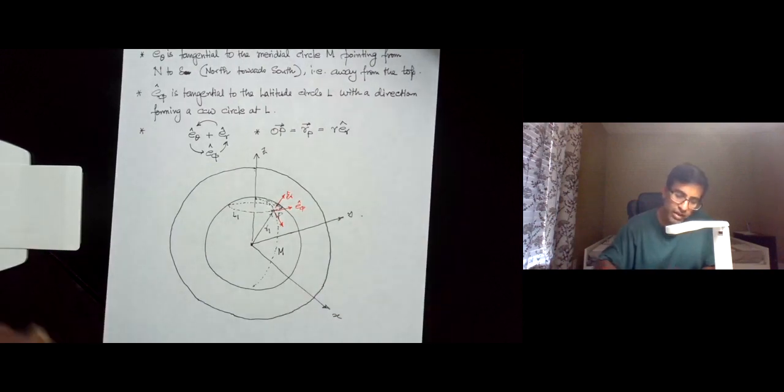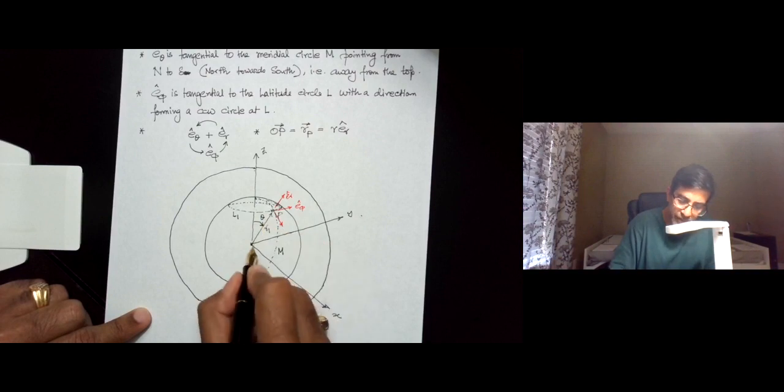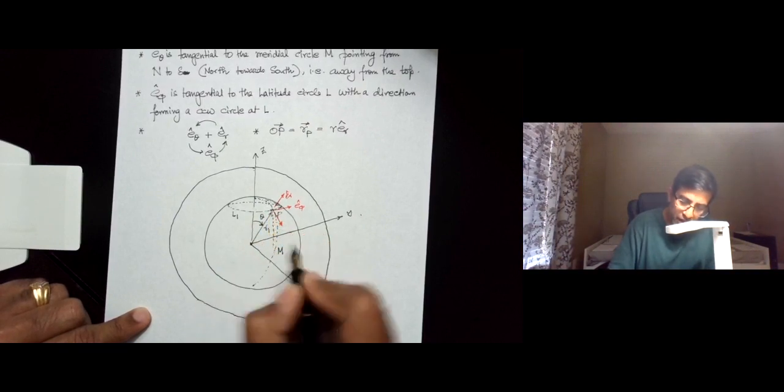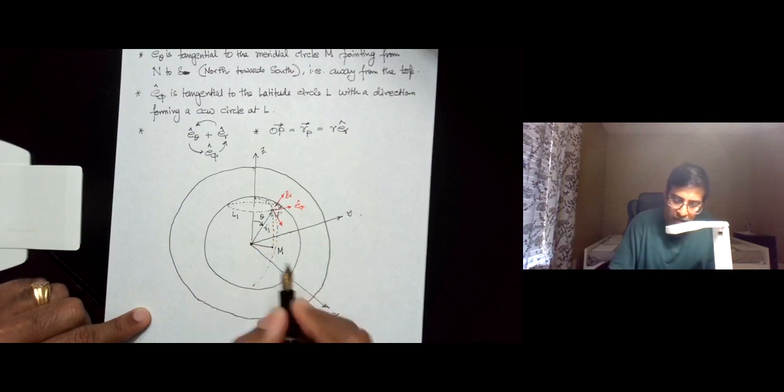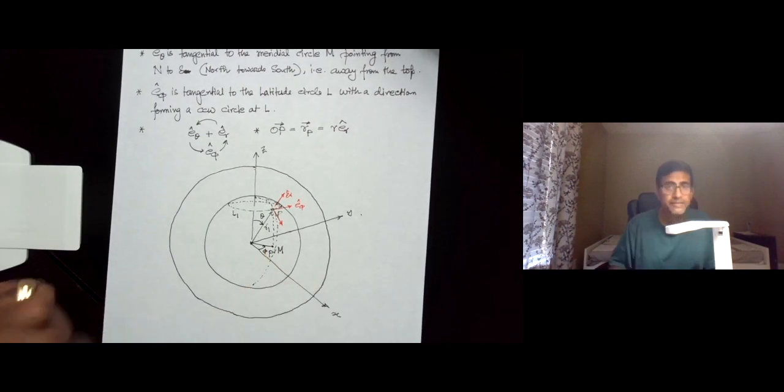So essentially we have the angle theta being made, the projection of P on the xy plane is P prime, and this angle is phi.